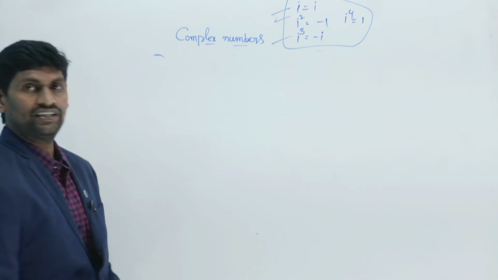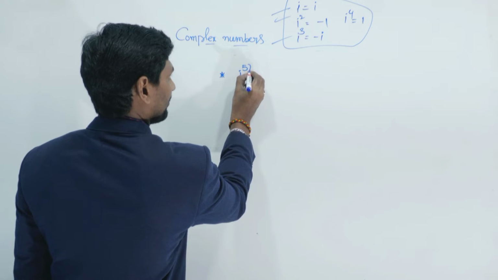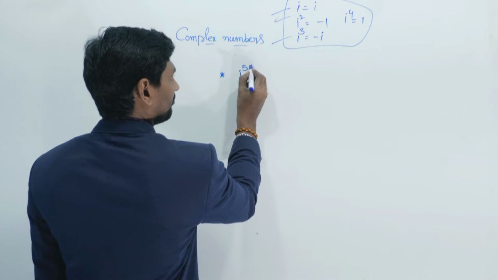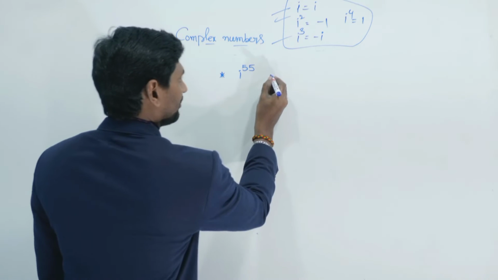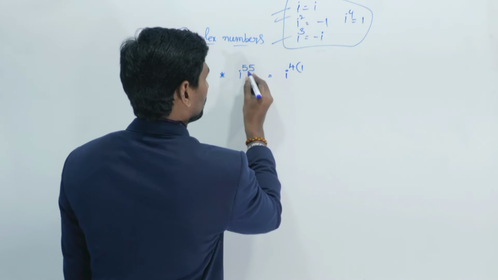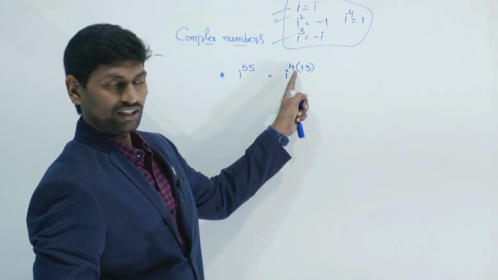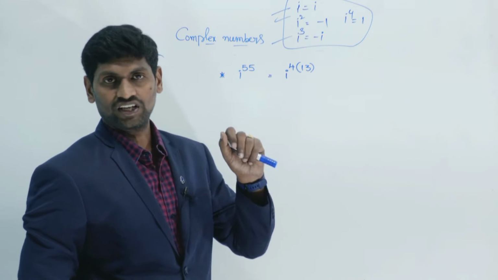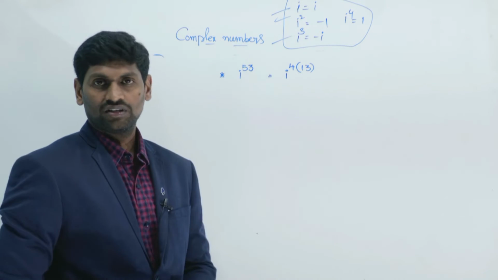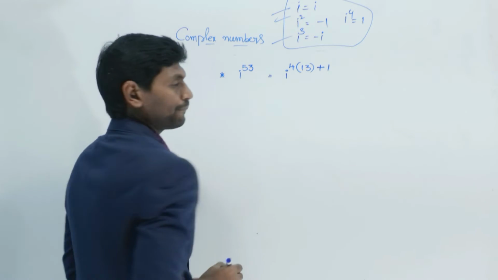Let us try to find the value of i^57, or 55 we do. i^55. How can you write 55 in multiples of 4? 4 into 13, right? 4 13s are 52, plus 3.